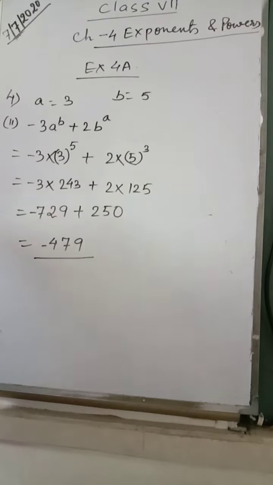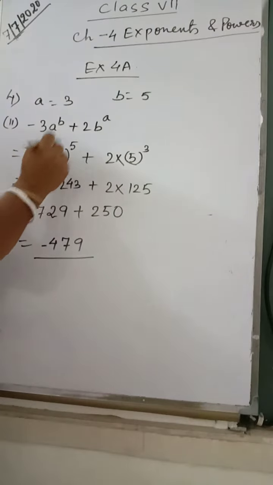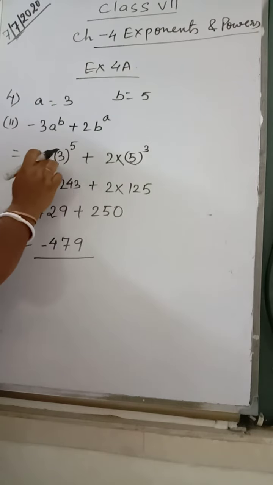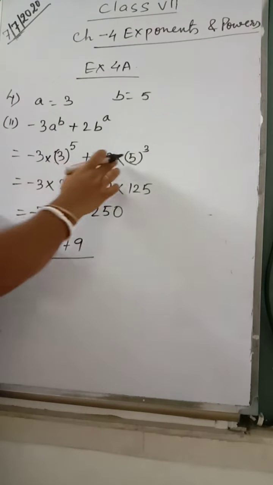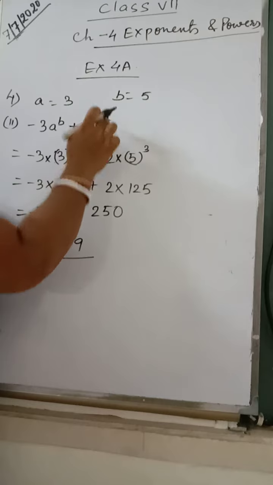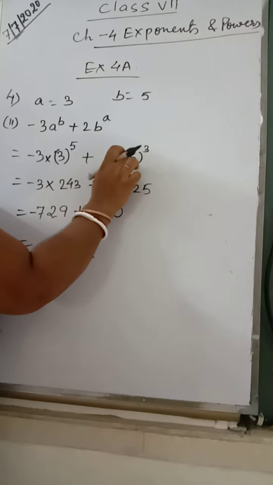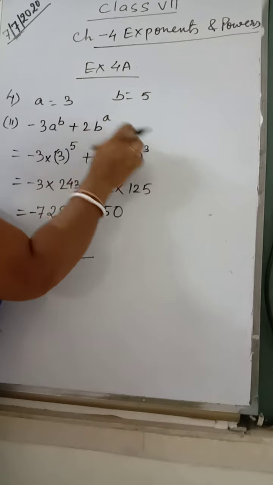So the answer will be minus 479. Once again I am telling you, if you are confused, it is given A to the power B. It does not mean it is 3A to the power B. It is 3 into A to the power B. So I have written 3 into the value of A, which is 3, to the power 5. Similarly, it is 2B to the power A, so 2 into B's value, 5, to the power A's value, 3.